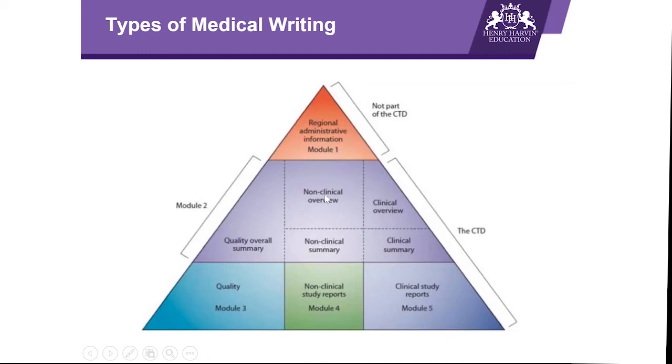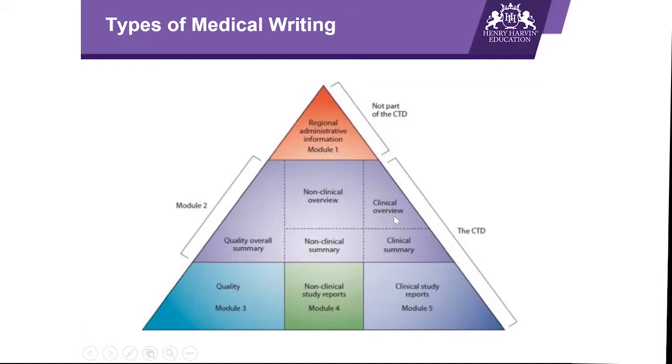These two boxes are related to non-clinical or preclinical studies. They provide overviews and summaries, not the exact study information. They combine the data from all the studies and provide the overview and summary here.